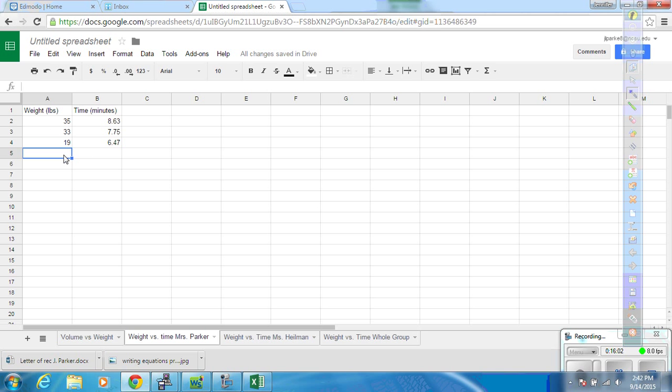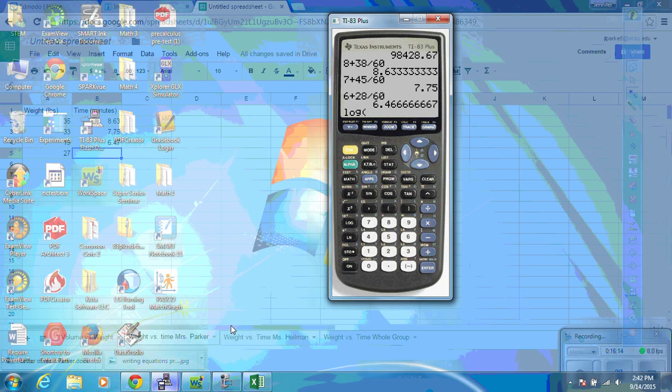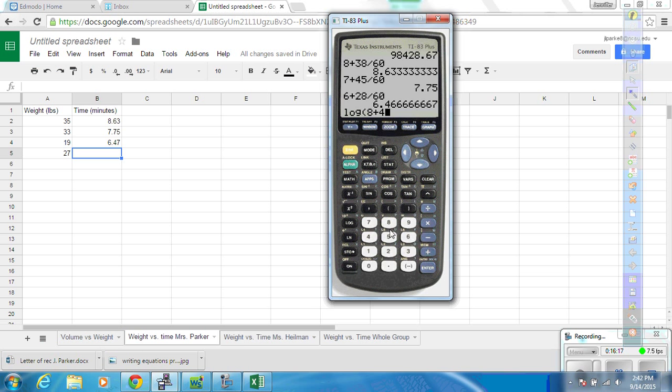Let's see, I think I've got 2 more data points here. I've got 27 pounds was 8 minutes 49 seconds. So 8 plus 49 divided by 60 is 8.82.